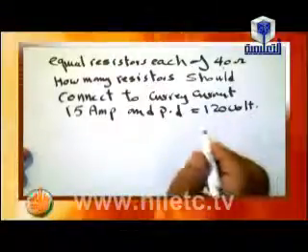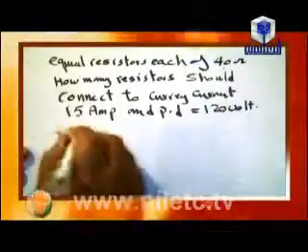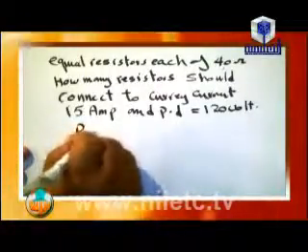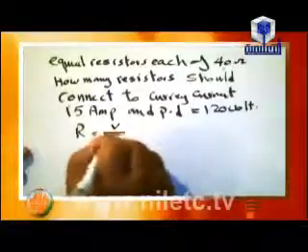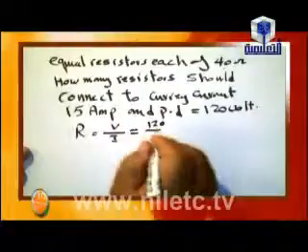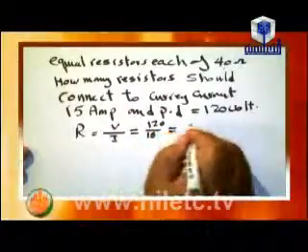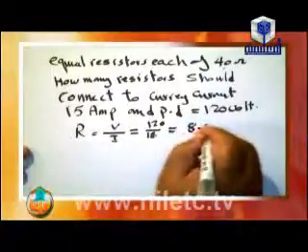First, we find the total resistance. From Ohm's law, R equals V over I. V equals 120 and I is equal to 15. So the total resistance will be 8 ohm.